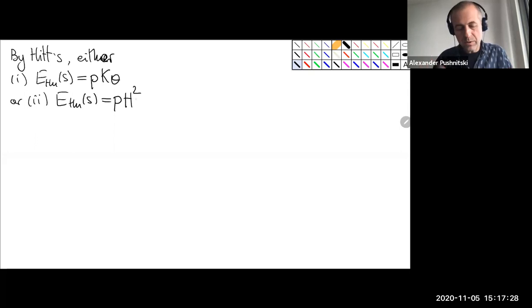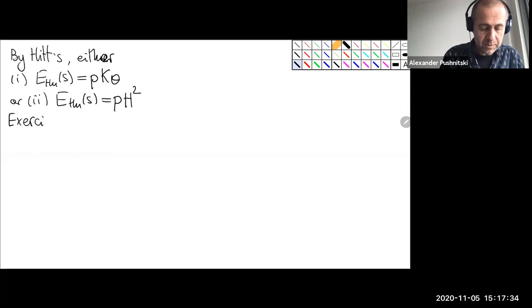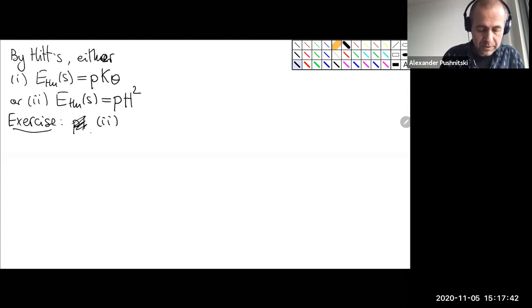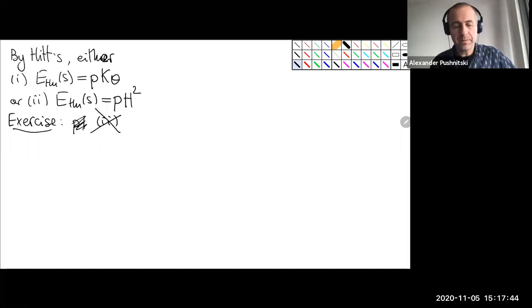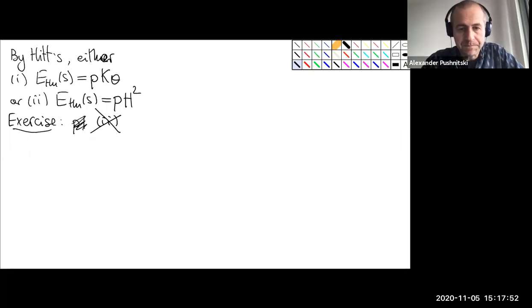But then it's easy to check. So in my notes, it's stated as an exercise with some hints that the second possibility is actually not realized for Hankel operators. And so we come to the end of the proof. Okay. So this completes the proof.